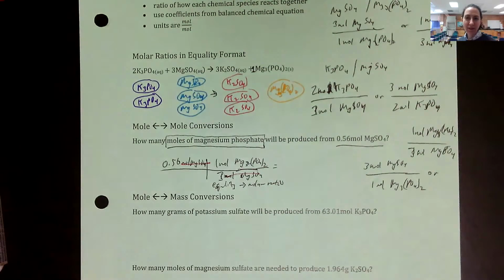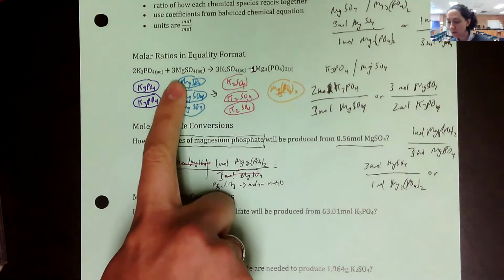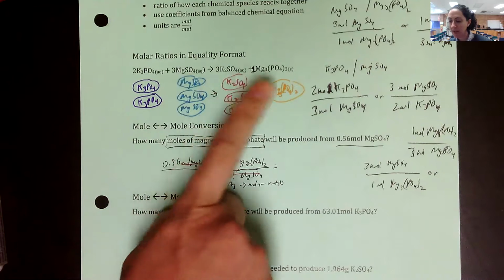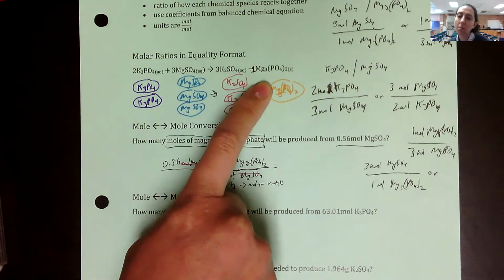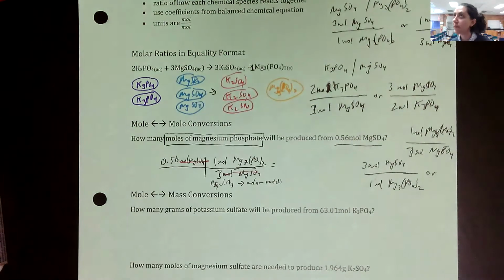Again, this is that skeleton method to help us convert. And this kind of makes sense, because we're trying to figure out how many moles of magnesium phosphate will be formed. It should be 1/3 of however much magnesium sulfate we started with, because it takes 3 times as much magnesium sulfate to make the same number of moles of magnesium phosphate, that 3-to-1 ratio. An analogy you might understand: it takes 3 wheels to make a tricycle.